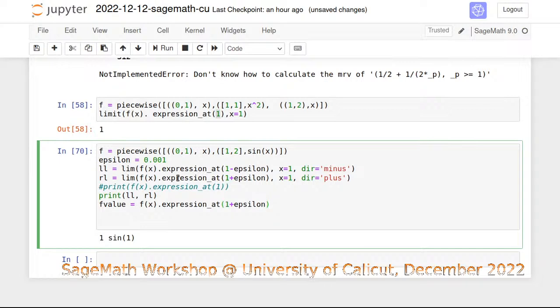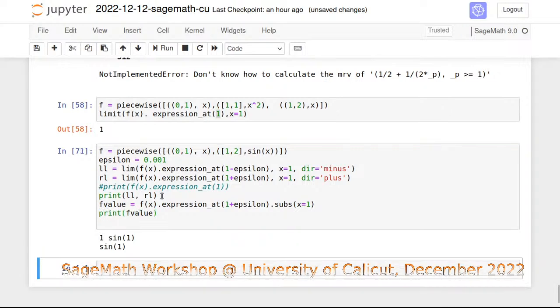So this is expression at, so I need to evaluate, right? So how do I evaluate? I think I can substitute for x equal to that value I wanted at 1. I will just substitute like this. I don't know whether this will give me some correct result. Okay, I am getting the correct thing, right?